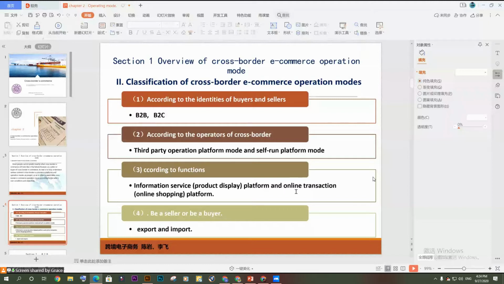And then the other one is the online transaction platform. Online transaction means online shopping. Online shopping means there are many pictures of the products.